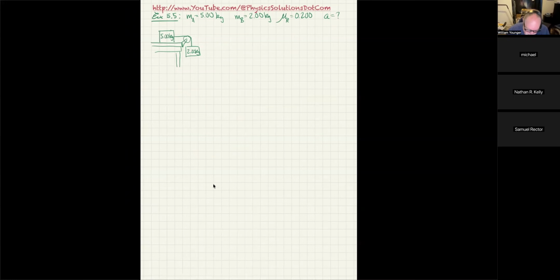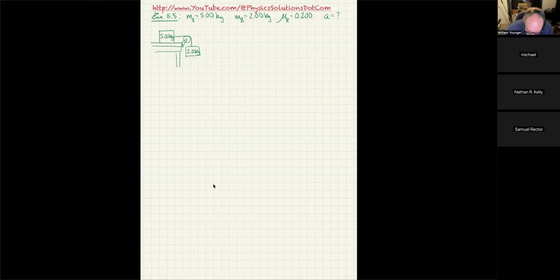It seems a little confusing to do it for an Atwood type machine because the two objects are separated by a string and that string's massless and it just seems weird. So I never recommend people do that for an Atwood type machine, but for a string of boxes, that can be very helpful. So let's draw our free body diagram and let me explain some things.